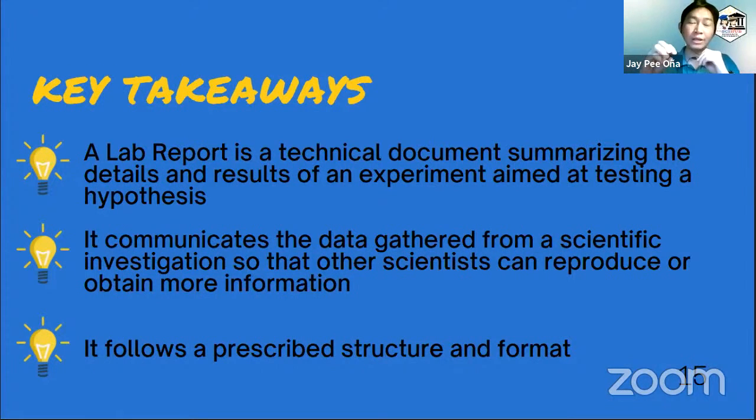And it also follows a prescribed structure and format. So makikita natin na very fixed po yung structure and the format, yung passive voice and omitting the pronouns like I, we, or you. So third person siya and passive voice.